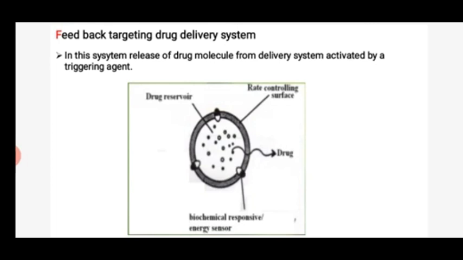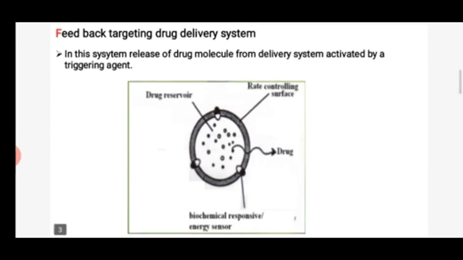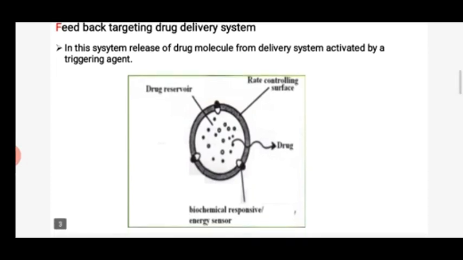Also, drugs with partition coefficients higher or lower than the optimum are in general poorer candidates for formulation into controlled release dosage forms.